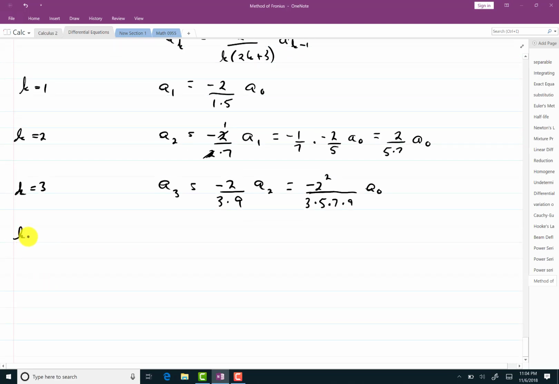And one more for good measure. K equals 4. A sub 4 equals negative 2 over 4 times, let's see, 2 times 4 is 8, 11, a sub 3, and I can cancel something there. And then a sub 3, of course, I still have, well, I have a positive, but 2 squared. 2 squared over, now what do I have in the denominator?